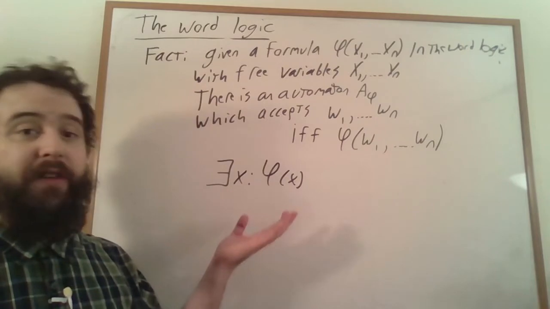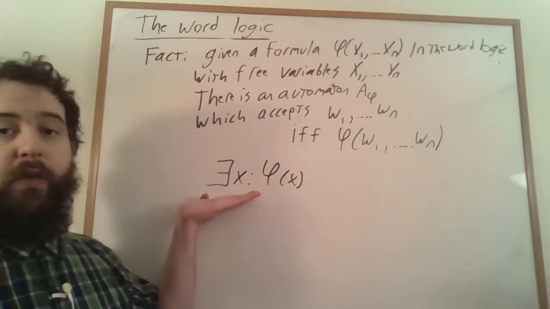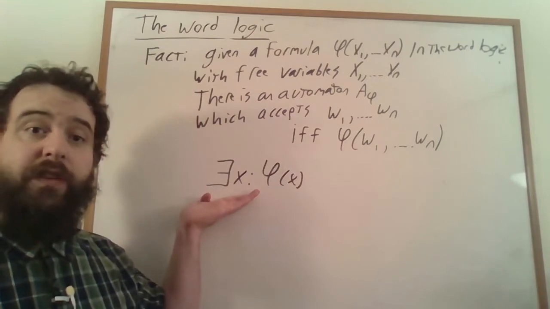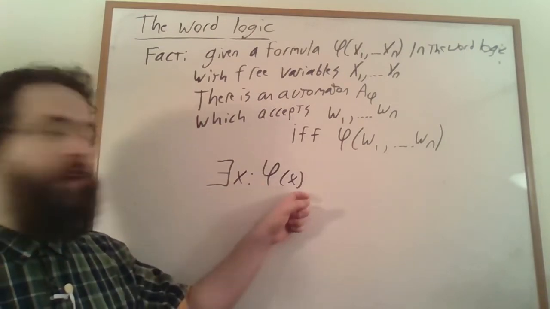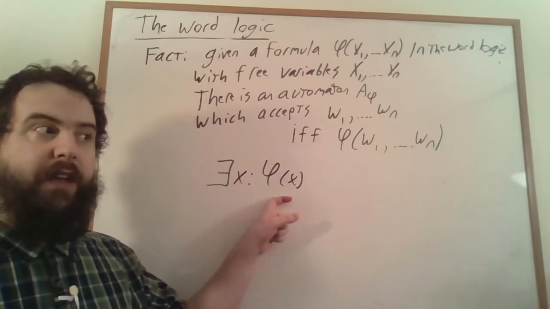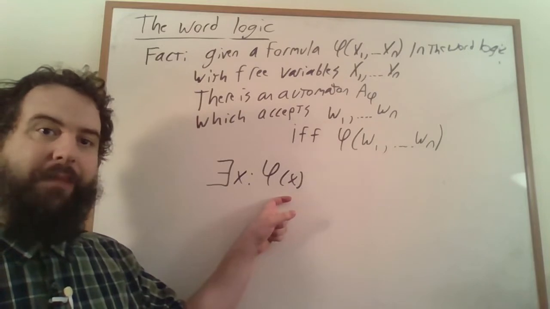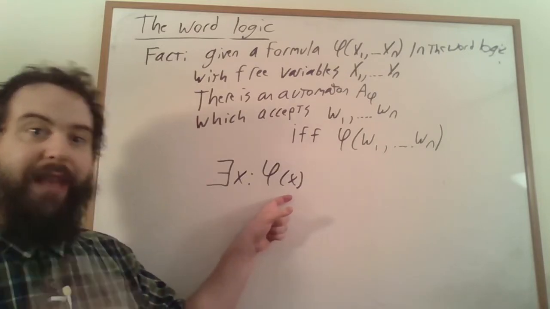In order to construct the automaton for this formula, the projection construction from our closure video takes all of the edges of the automaton corresponding to phi of x and causes them to have a label which is a tuple of 0 elements.